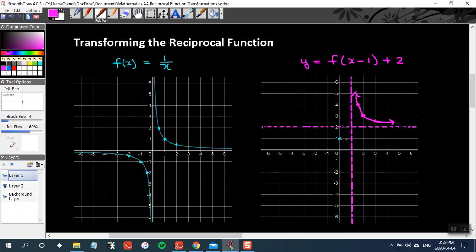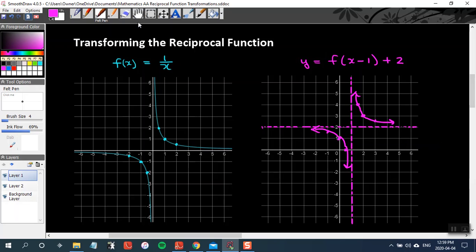There is our first point, and then if I go 2 steps over, that's half of a box over, 2 down. So of course you better know your ordered pairs in your basic reciprocal function well, so you can quickly sketch a translated version of this, and I will attempt to sketch those points and connect them. And there we go. There's our translated reciprocal function.